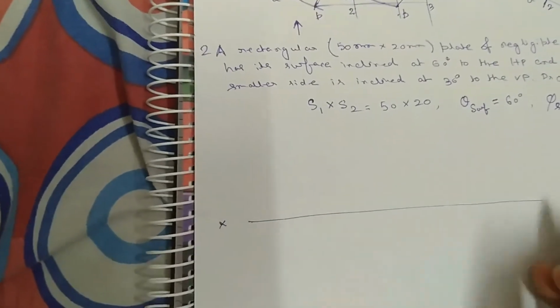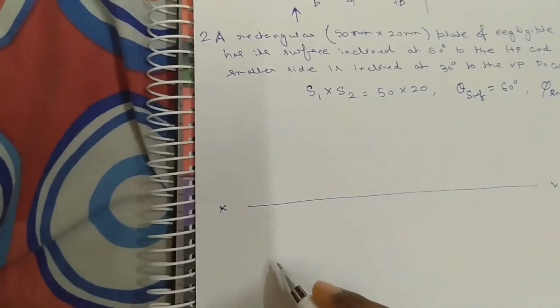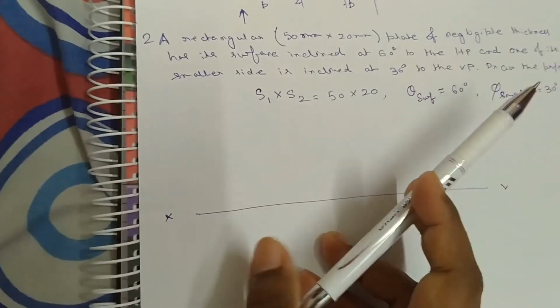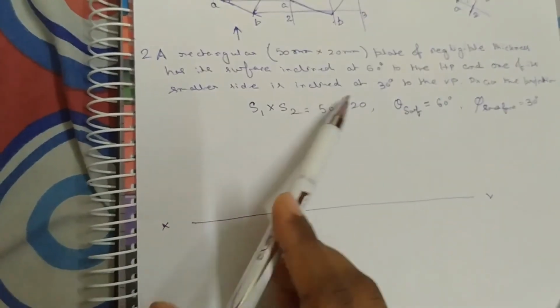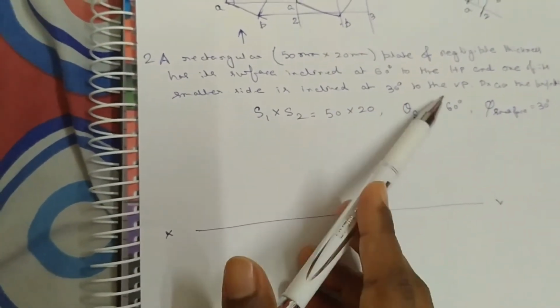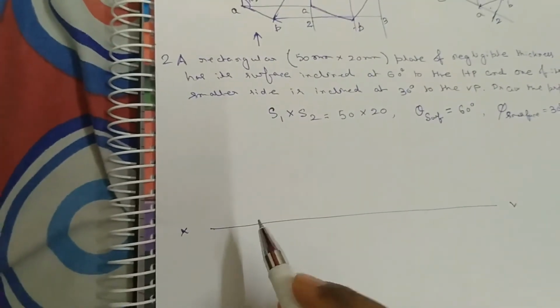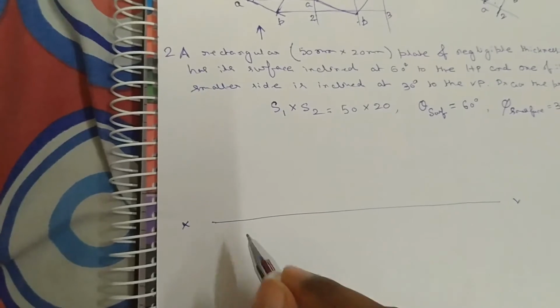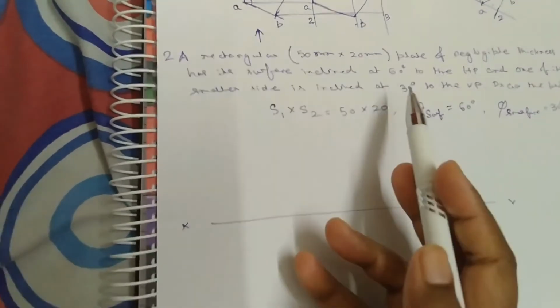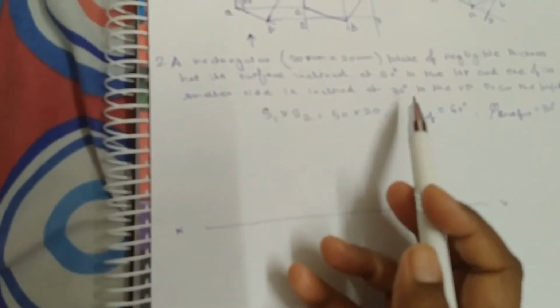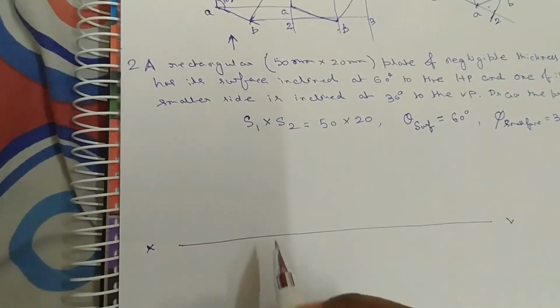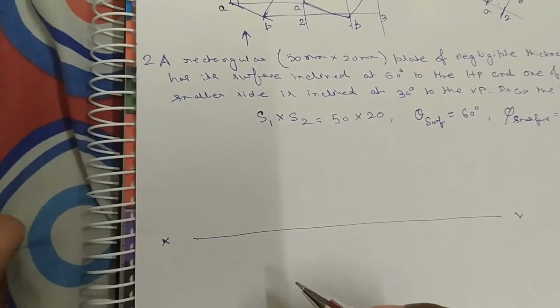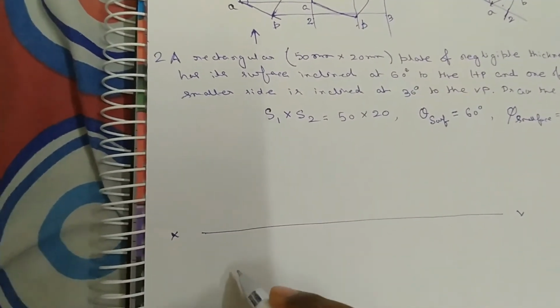So this is the XY line, and it is also saying that the smaller side is inclined. So obviously one of the smaller sides has to be perpendicular to this line, so that we can rotate this smaller side 30 degree at the third assumption.